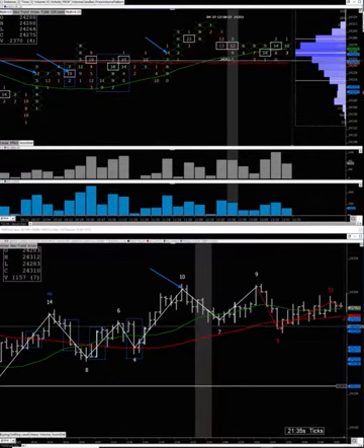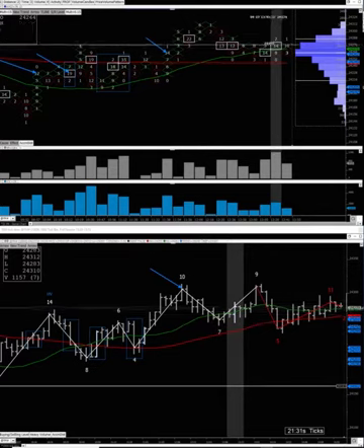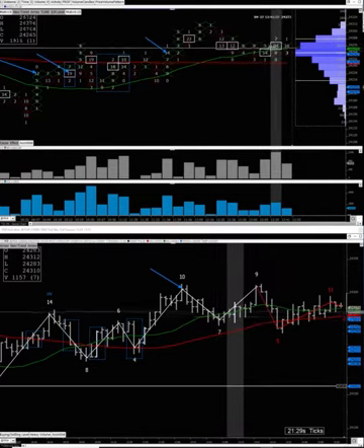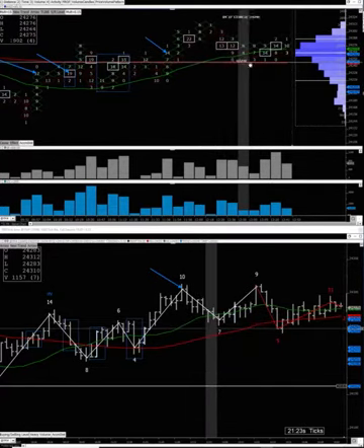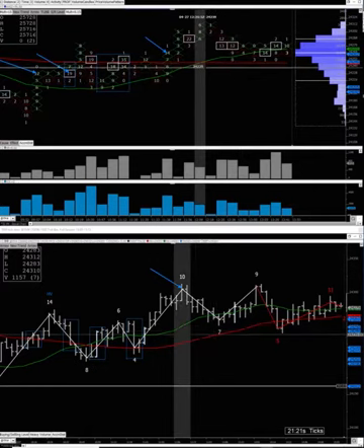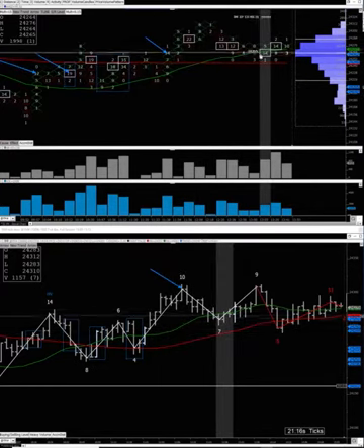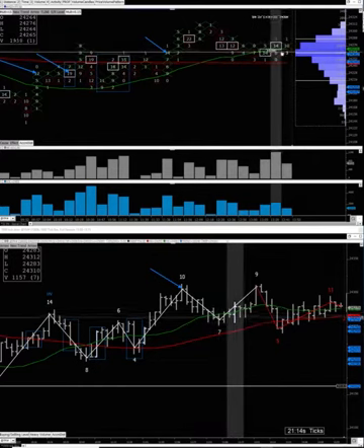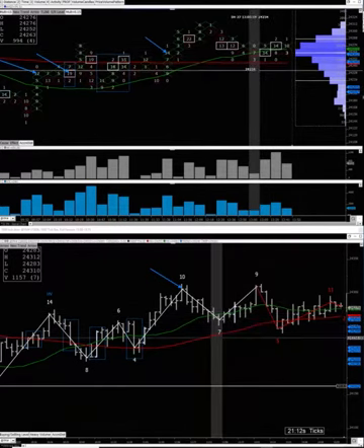Zero. Okay, and now ding ding ding, right hand side of the range. It was selling, goes to zero, starts moving sideways after the pullback, and then this. So I know that they are being active.